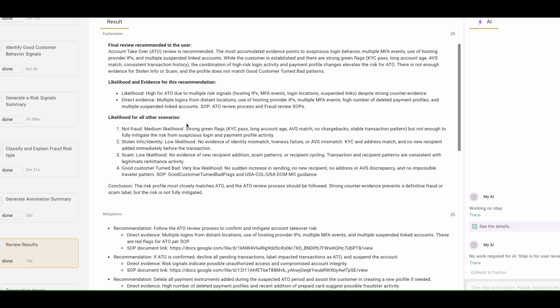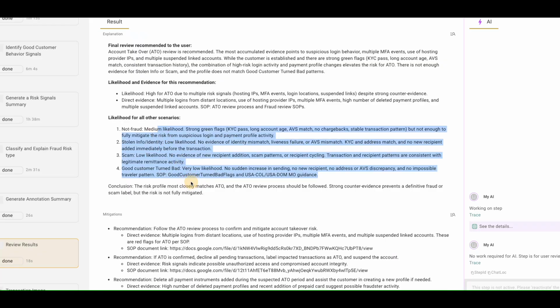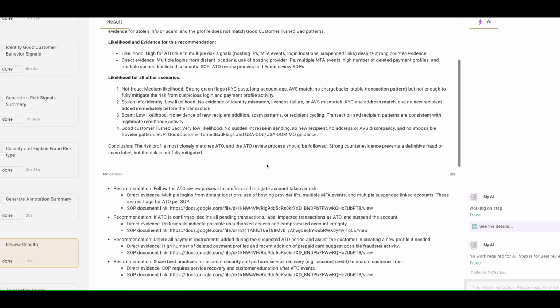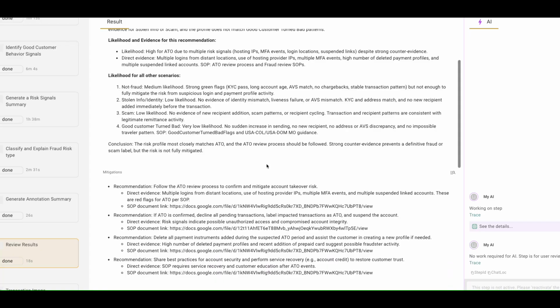It also shows the user probabilities across other scenarios, flagging for fraud only when strong evidence outweighs counter signals. Finally, for mitigations or next steps, it pulls the SOP tied to that classification and outlines the next critical steps for the associate with links back to the source policy.